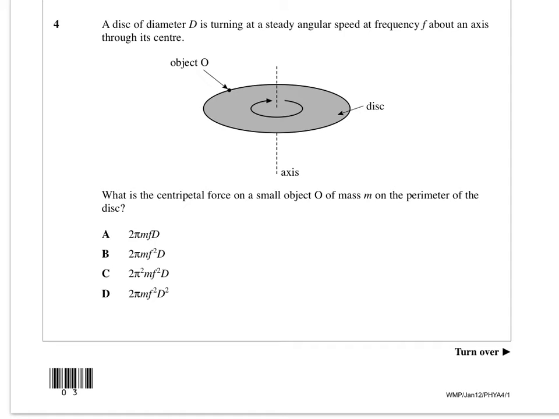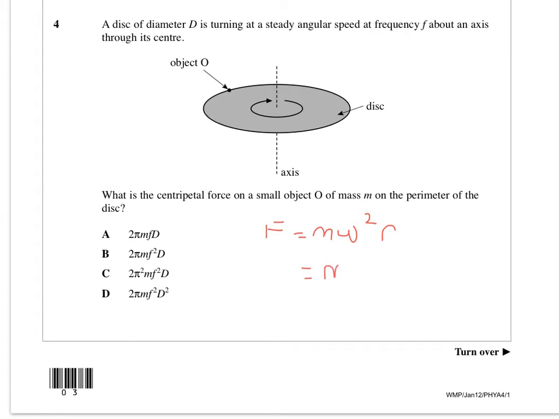So looking at some circular motion, what is the centripetal force on a small object of mass m on the perimeter of the disk? First of all, to get the force, we would need the mass of the object, the angular speed of the object, and the radius.